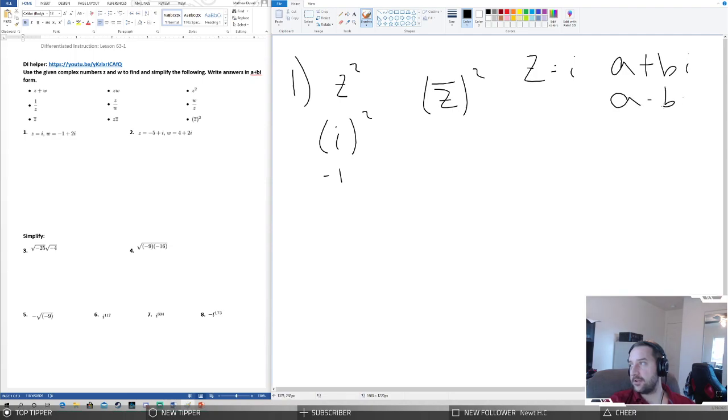Well, I want the conjugate, so z bar is going to have to be -i. So then the z bar squared part is (-i) squared. Well, negative squared is positive, and so that becomes +i squared, and +i squared is -1.